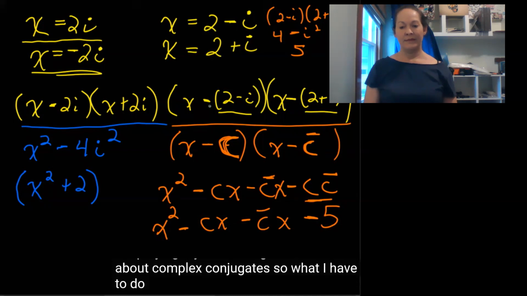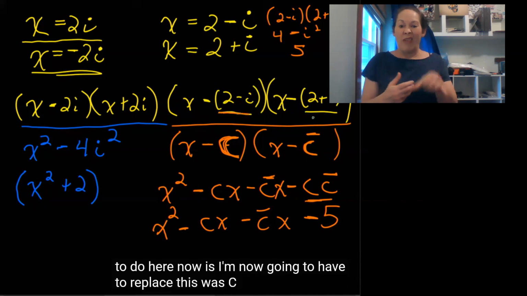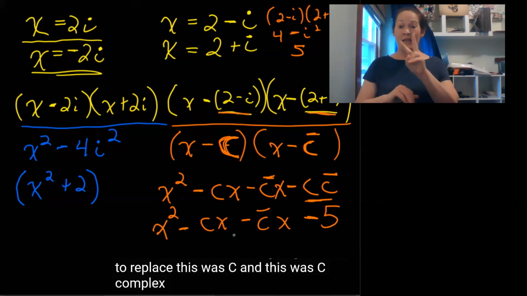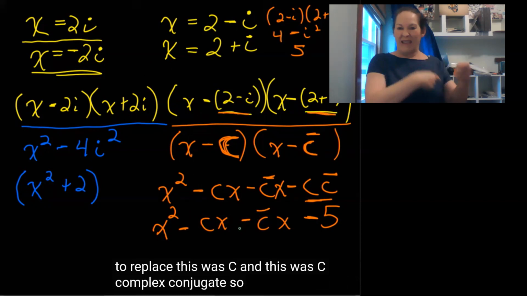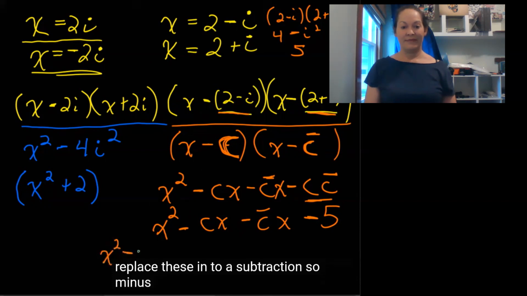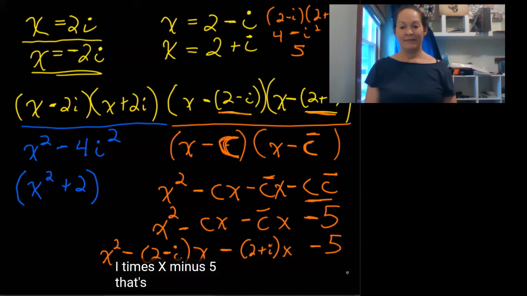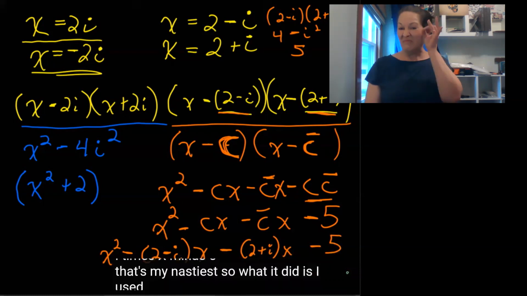So what I have to do here now is replace this with c and this was c complex conjugate. So I'm going to have to replace these in to a subtraction. So minus 2 minus i times x, and minus 2 plus i times x, plus 5. That's my nastiest.